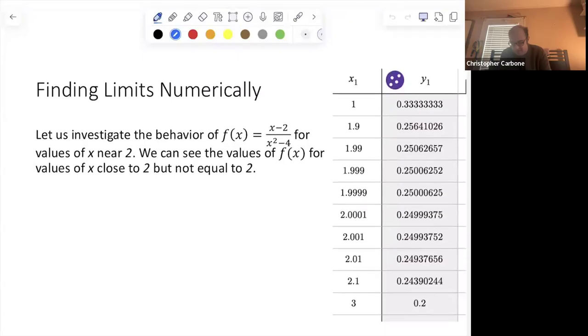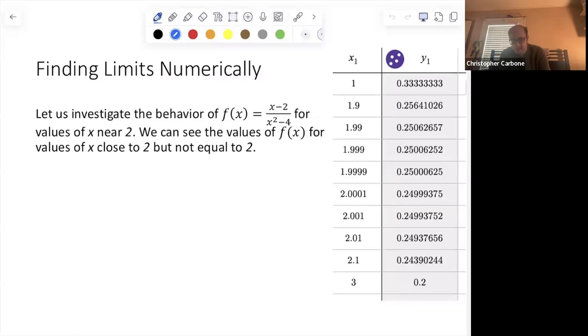And again, if we actually use 2, we would get 0 divided by 0, which is a fancy thing called an indeterminate form. But you could see here on the right-hand side, I popped a whole bunch of numbers in, right? And we could see as we approach the value of 2 by going down this table, from 1 down to 1.9999, which in this particular case would be approaching from our left-hand side.